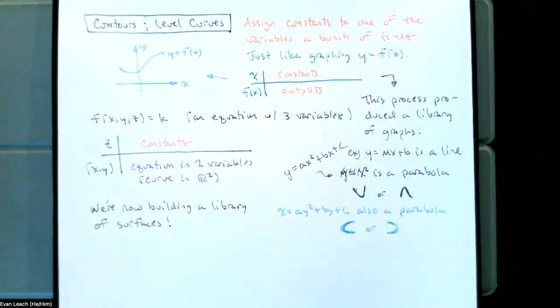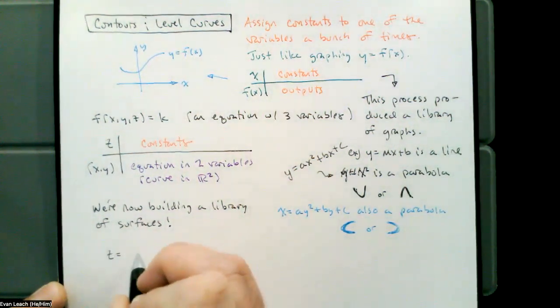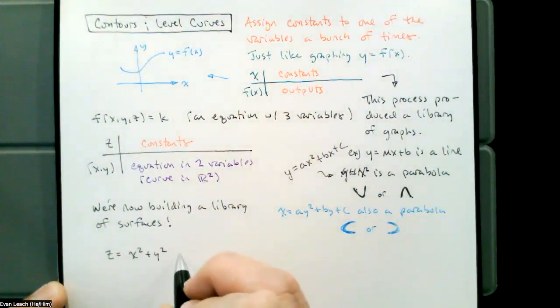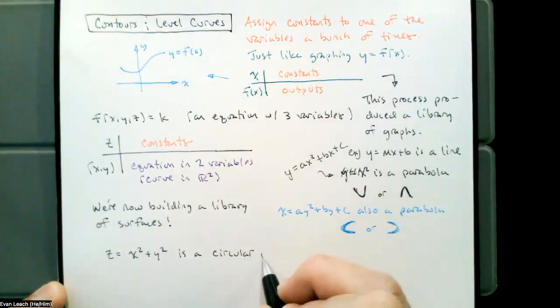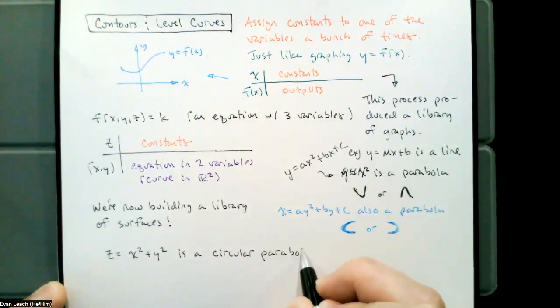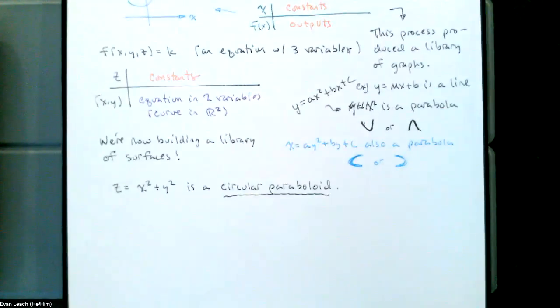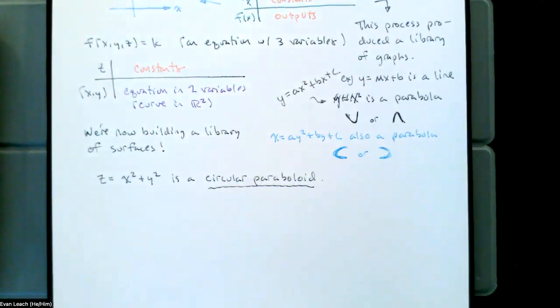So we are now building a library of surfaces. One that we saw yesterday, z equals x squared plus y squared, is a circular paraboloid.